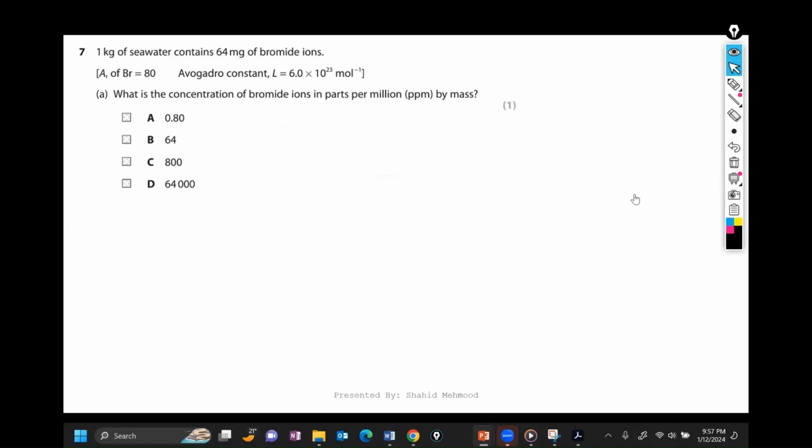Question 7. 1 kilogram of seawater contains 64 milligram of bromide ions. Relative atomic mass of bromine is given. Avogadro's constant is given. Part A: what is the concentration of bromide ions in parts per million by mass? If you take the seawater, 1 kilogram, the bromide ion present is 64 milligram.